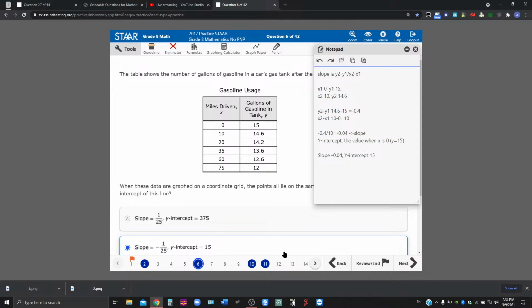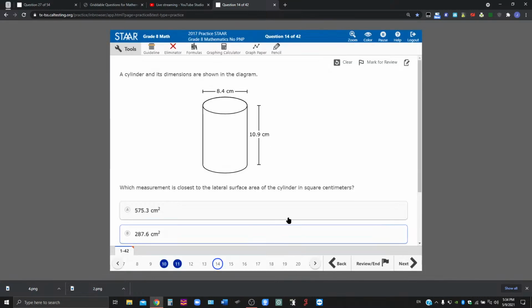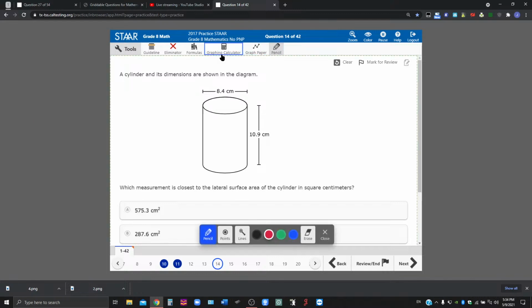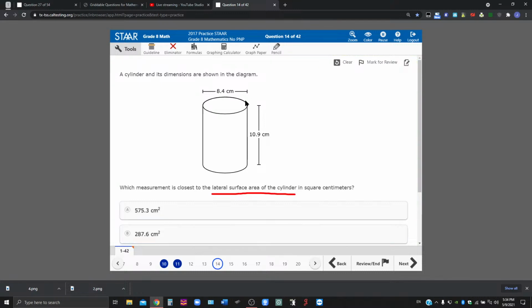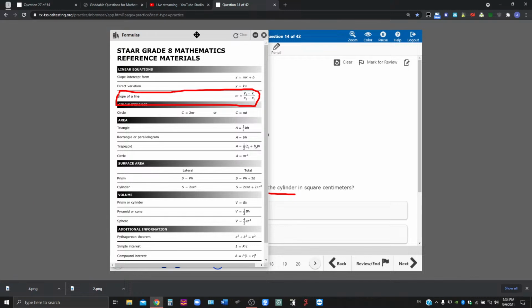Well, next one, let's try 14. Again, another example. This time, while we are reading, let's use the pencil to mark the key information, and we are doing the lateral surface area of a cylinder. And let's open the formula.